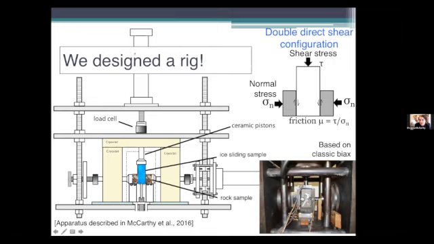And then we use a program to control the downward velocity with this piston. We control the velocity, and what we're measuring, with our load cell here, is the shear stress that's felt along these 2 interfaces, such that friction, which I'll be showing in all of these figures, is the shear stress divided by the normal stress.